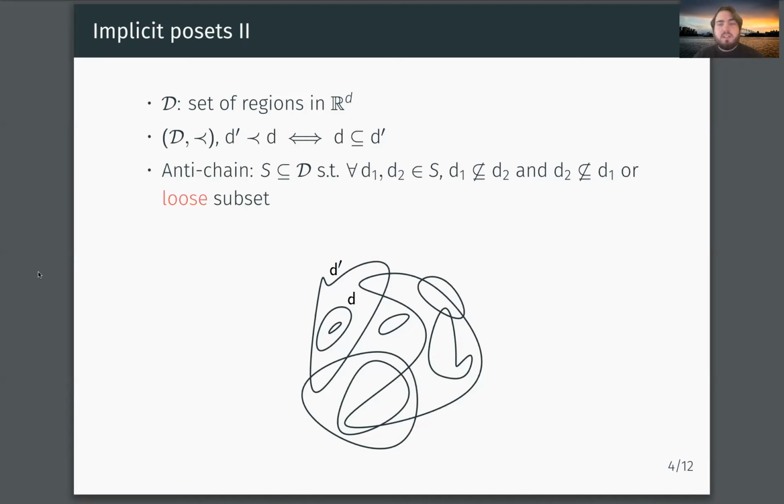And we call such a subset a loose subset. So in this figure below, the highlighted red elements form a loose subset. Notice that the elements are allowed to be intersecting. Again, they just cannot contain one another. And so again, how quickly can we find the largest loose subset? Or equivalently, how quickly can we compute the largest antichain in this poset I've defined?